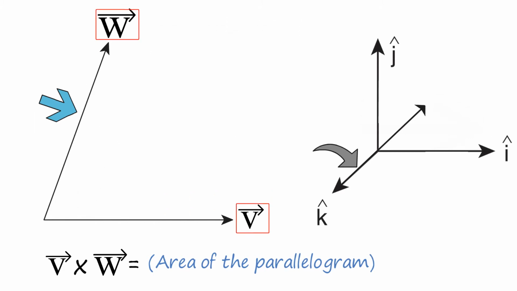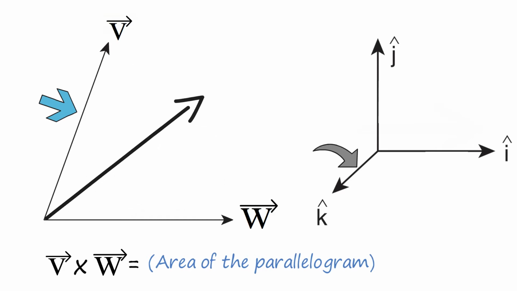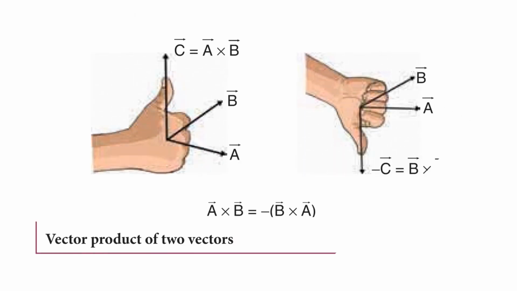If we find v cross w in this orientation, then the resultant vector would be poking out of the screen towards you. But if these vectors were flipped, then the resultant vector will be facing towards the back of your screen. So the orientation of the resultant vector depends on the right hand screw rule.